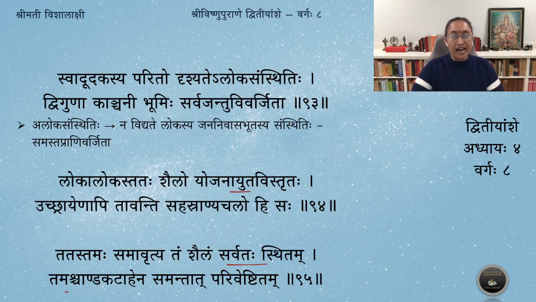And that darkness is pariveshtitam, covered samantat on all sides by the andakatahena. Andakatah ityukte, this entire universe is like an egg, andam. Kataha, what we call a kadai, an iron pot. If you place two such pots together, that is how it would look. Kataha is like a pot, a kadai, we say. So anda katahena tamah pariveshtitam.